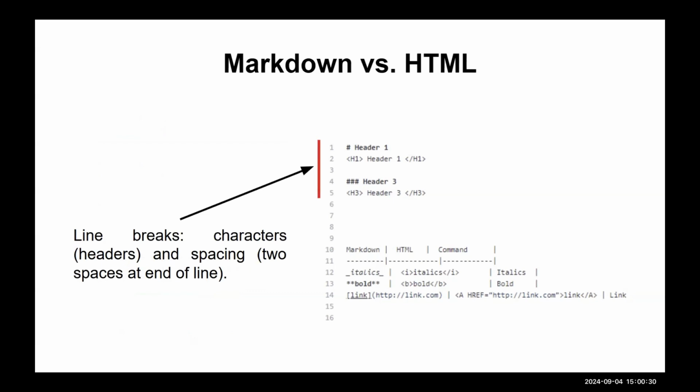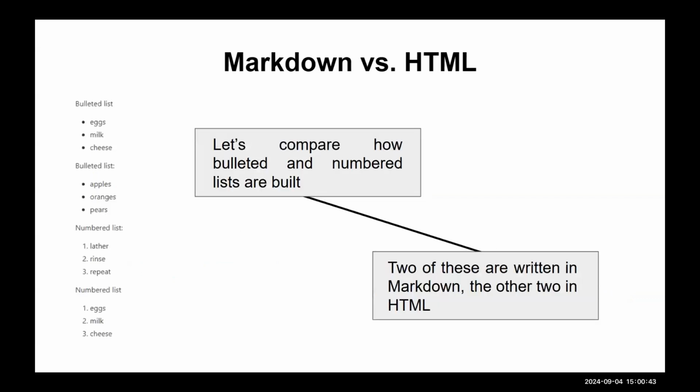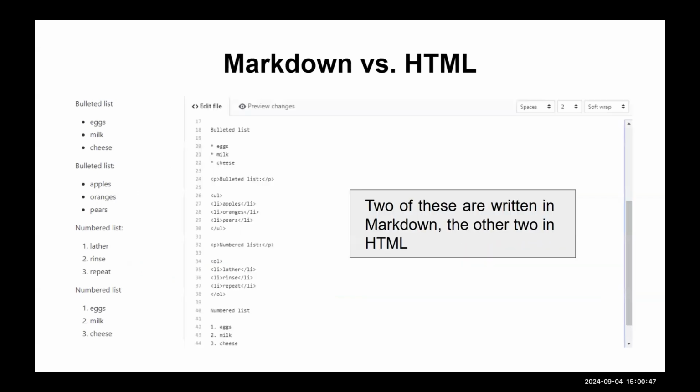There are a lot of formatting tricks to Markdown. You use line breaks a certain way. You build tables a certain way, which is much more intuitive than what you would do in HTML. And you can build bullet lists. A bullet list is built in HTML by specifying the UL element, and then each line is specified, opened and closed.